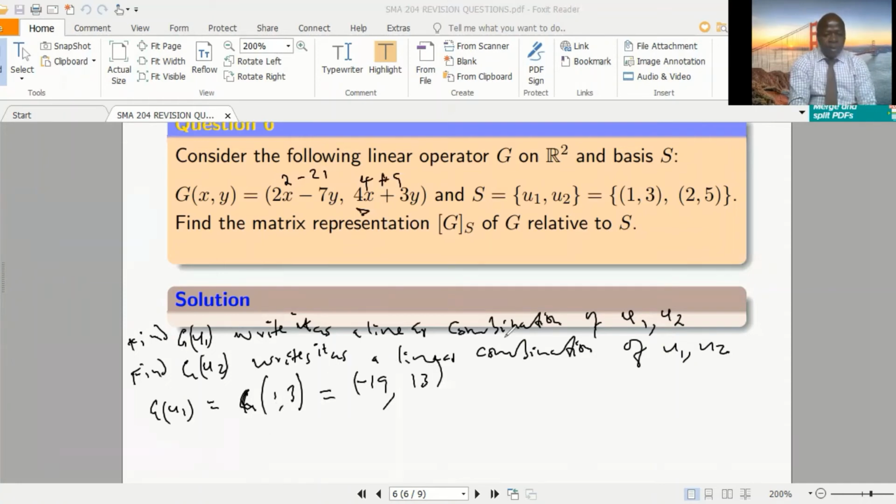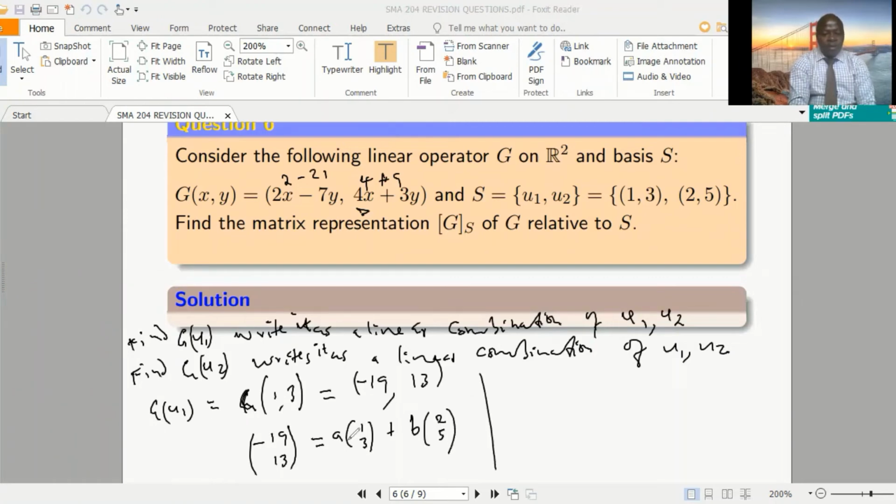Now write this as a linear combination of U1 and U2. To write it as a linear combination of U1 and U2 is the same as finding scalars a and b such that a times U1 plus b times U2 will give you this G of U1.